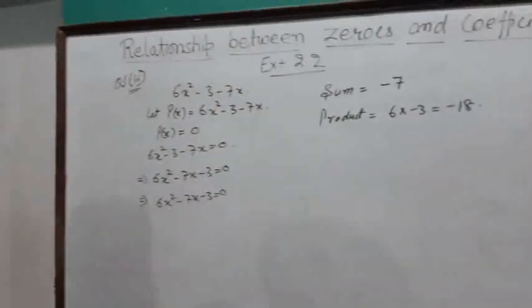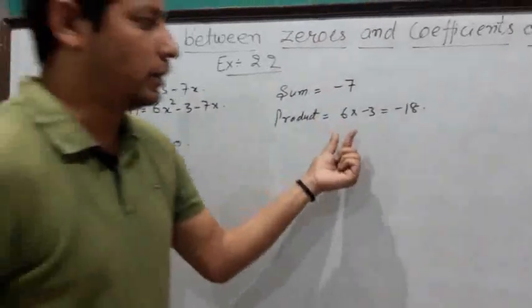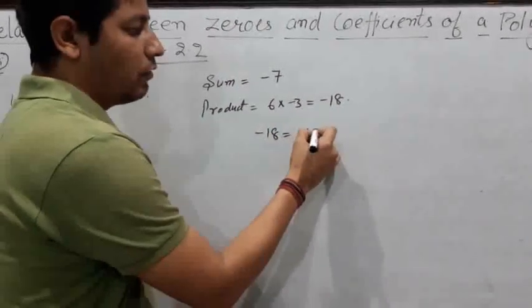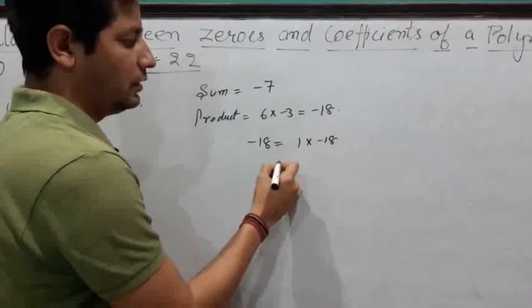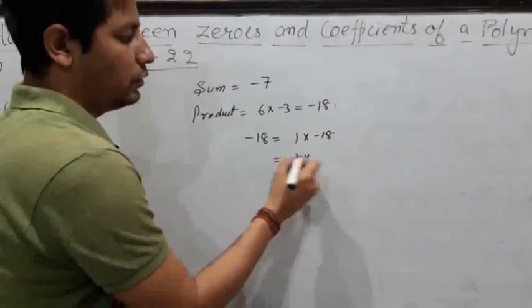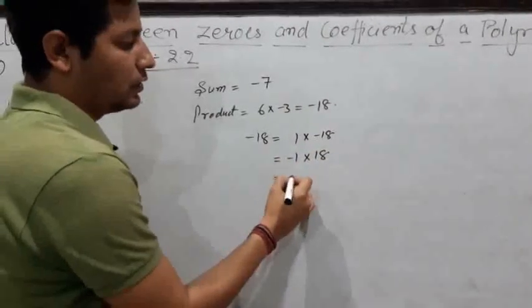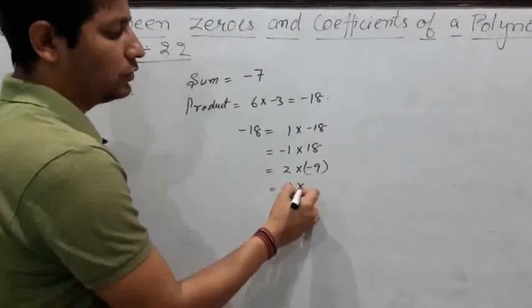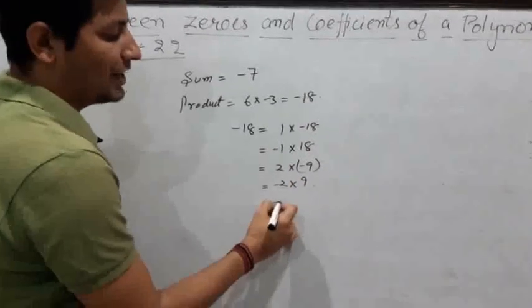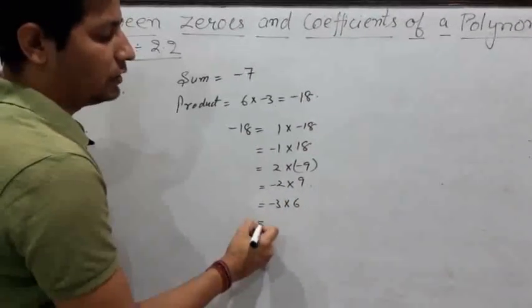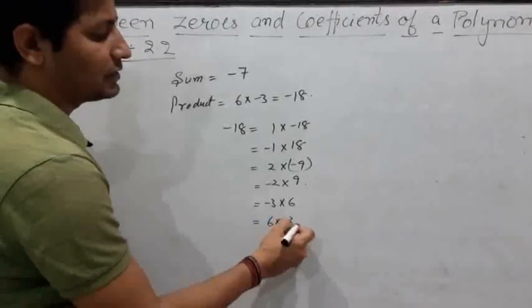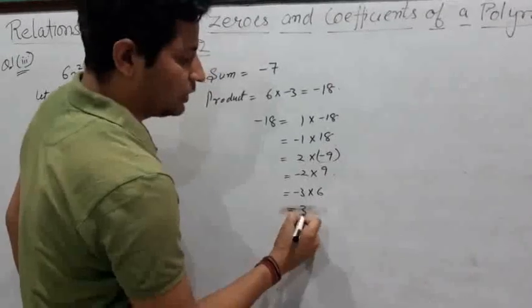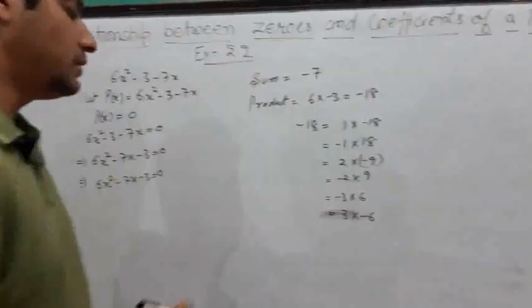To make this question simple, we start with the product. The factors of minus 18 are 1 into minus 18, minus 1 into 18, 2 into minus 9, minus 2 into 9, minus 3 into 6, or 6 into minus 3, 3 into minus 6.